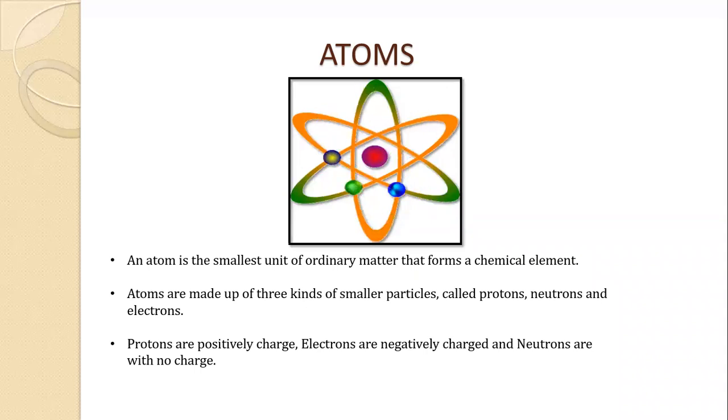Neutrons are neutral, that is, they do not have any charge. And electrons, which are revolving in the orbits, as you can see over here, are negatively charged. So protons positive, electrons negative, neutrons neutral.